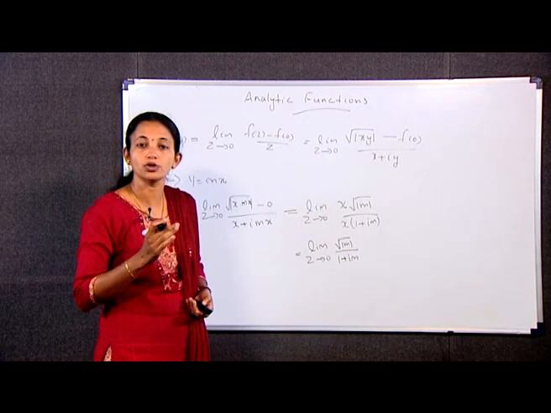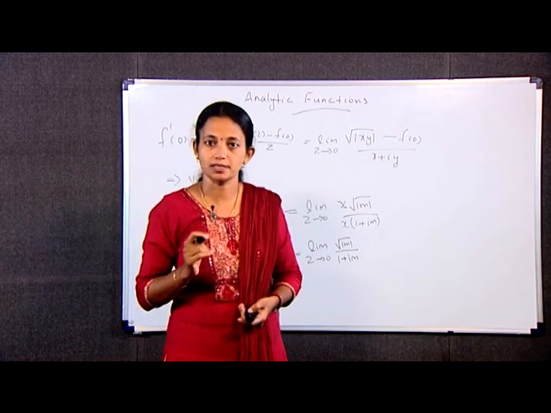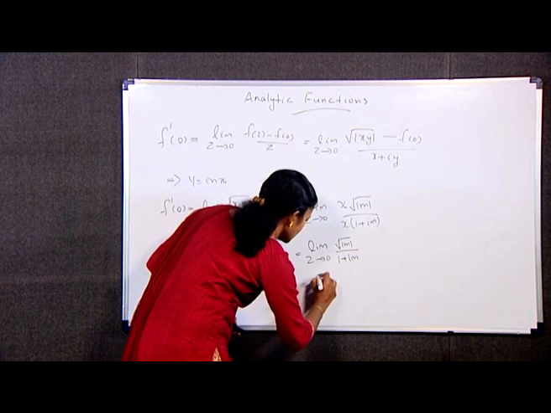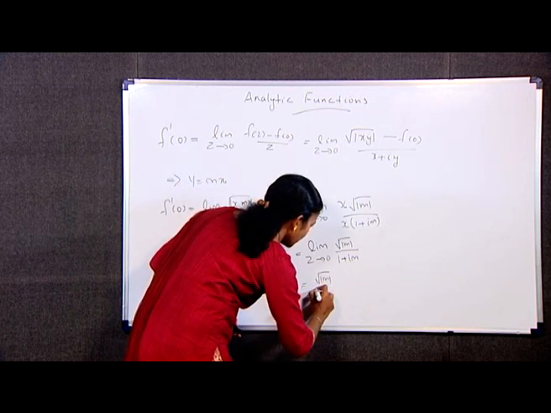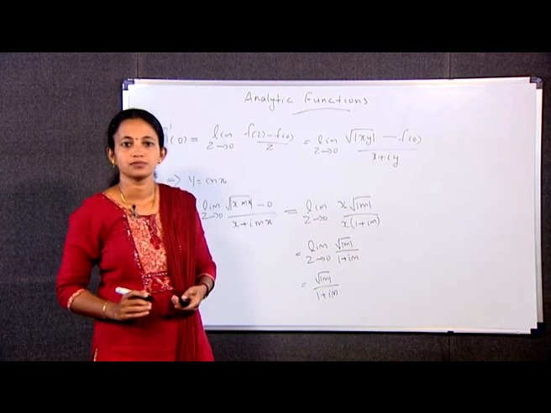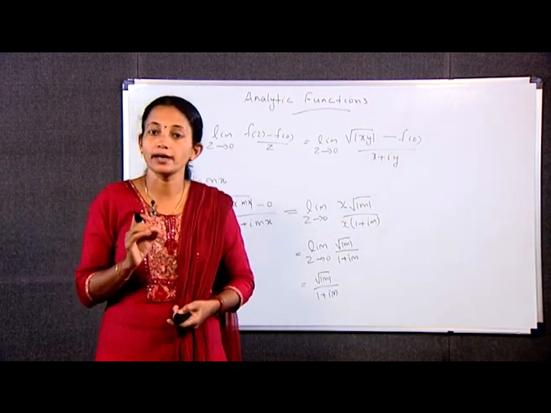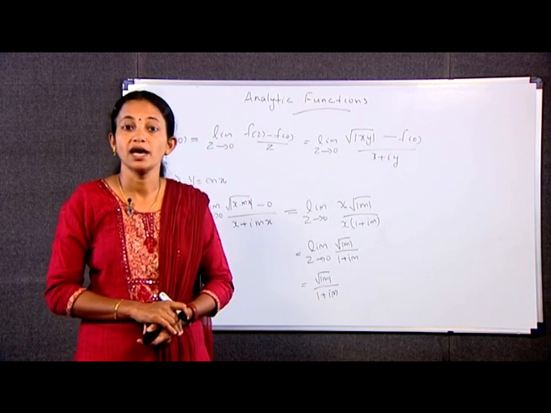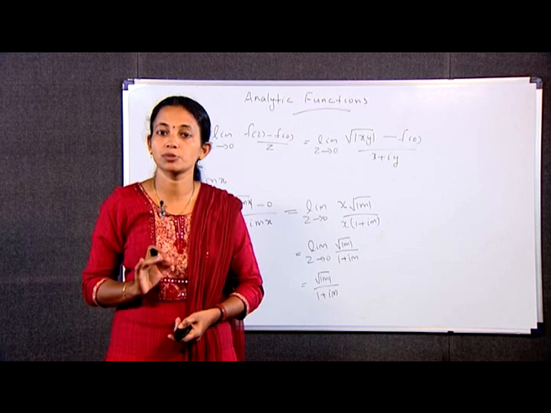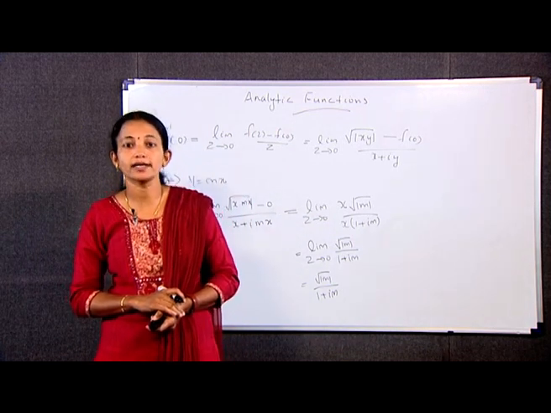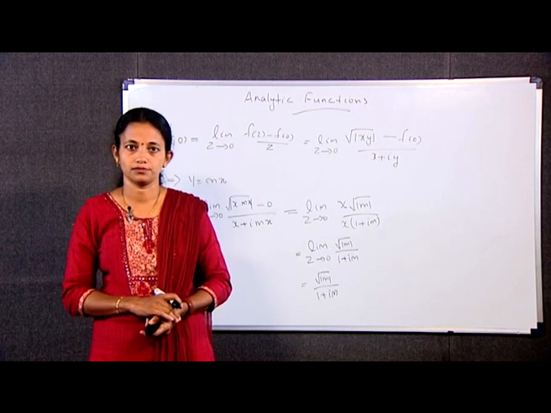So, it is square root of mod m by 1 plus im, which is again square root of mod m by 1 plus im. This limit depends on m, and so it is not unique. So, f z is not differentiable at z equal to 0. Hence, f z is not analytic at the origin.